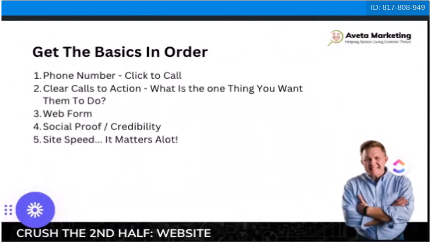Because they know a lot of people, especially in senior living, need to get information unless they've been referred to you by a friend, right? They're going to want information from you about what you offer, what the home is like, and so on. So having a web form on the home page very early on the page should be part of the basics. You really need that.